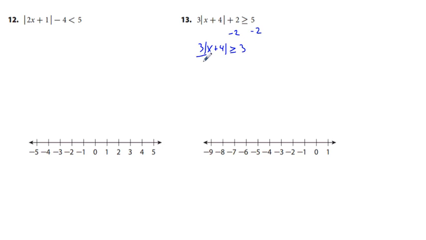And if we divide both sides of this inequality by 3, we get absolute value of quantity x plus 4 is greater than or equal to 1. And now we have two separate cases. We have x plus 4 is greater than or equal to 1, and we have x plus 4 is less than or equal to negative 1.